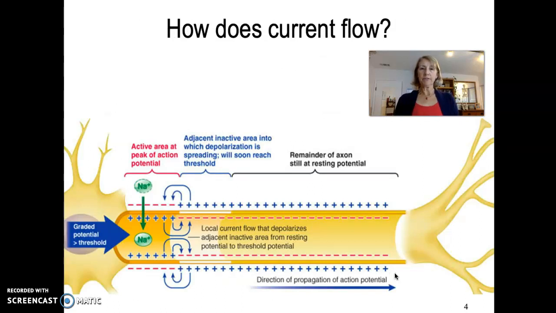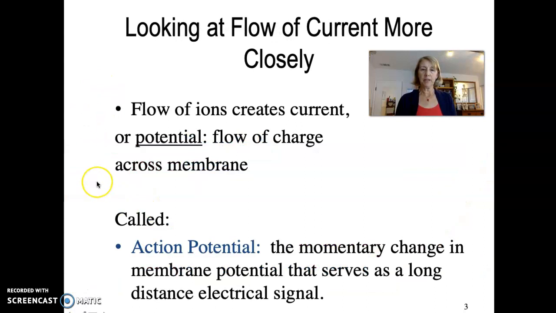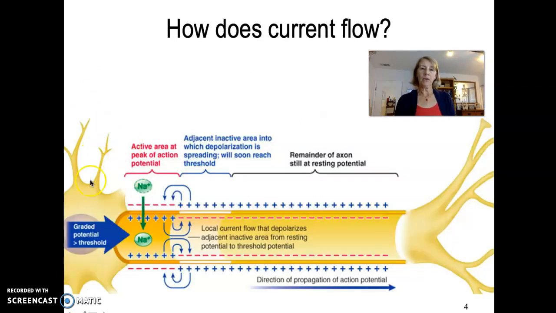So how does current flow? Well, think of this in pieces. This is going to be the active site, right? We've received input from the dendrites. And now in this axon hillock, in this part here, there's going to be an active area where that action potential begins. And from then on, it's going to spread down, down, down.